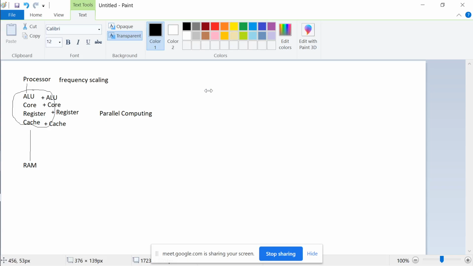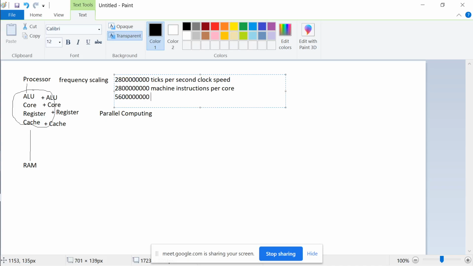But this many machine instructions can be executed per core, which means if I have 2 cores, this is going to multiply. So how many instructions can I execute in 1 second now? 16 machine instructions per dual core. Dual core means 2 cores.